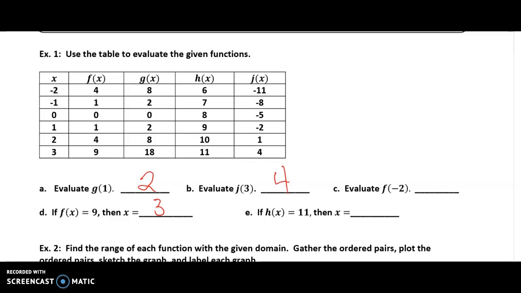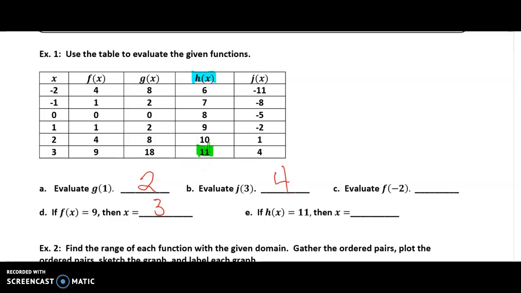Let's see what you can do with part E. Again, it's telling you if h of x is equal to 11, then x equals. So we're going to start by looking at the h of x column. We're going down that column, and we are looking for the output value of 11.